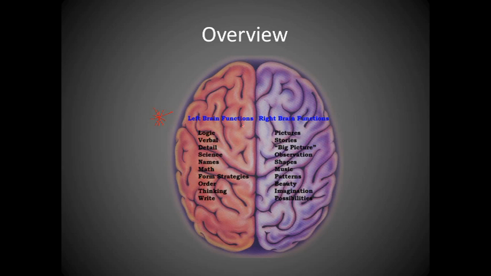And so that is all left brain. The right brain functions as a picture, stories, looking at things from the big picture, observation, shapes, music, patterns, beauty, imagination, and possibilities. So it can be said that the right brain is more of the imagination portion and the left brain is more of the logical portion.